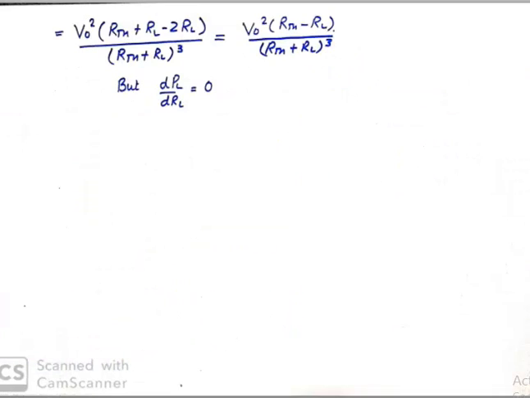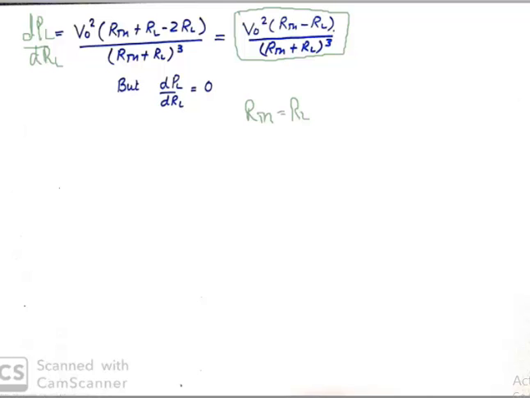I'll quickly browse through this. So this becomes the value of dPL upon dRL, and clearly if we wish this to be equivalent to 0, we'd need to keep RTH equivalent to RL.